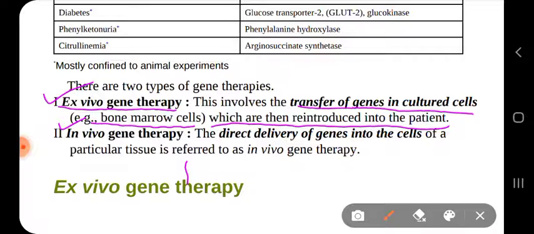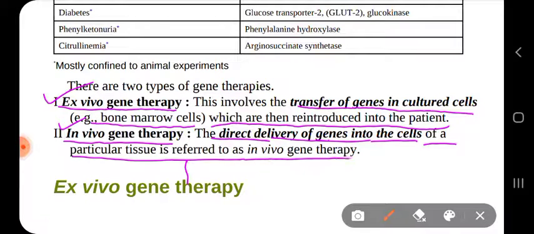In vivo gene therapy, you will see, is when we are directly delivering the gene into the cells of a particular tissue in the patient's body. Directly we are introducing the gene. Obviously that gene has to be expressed.